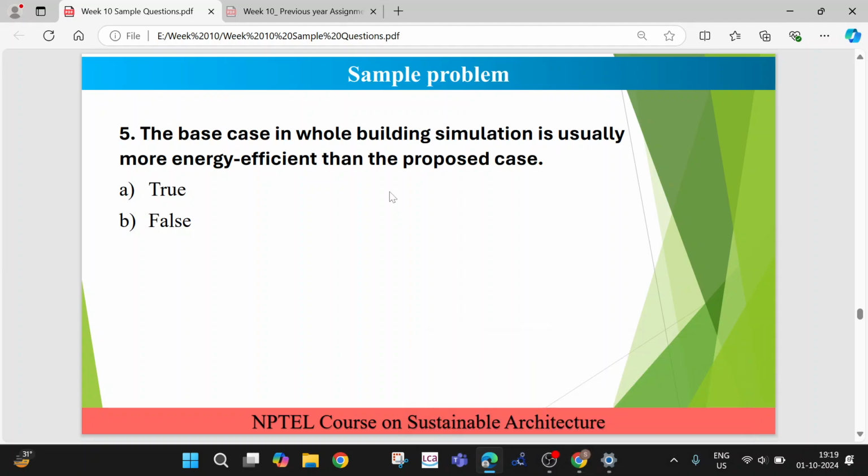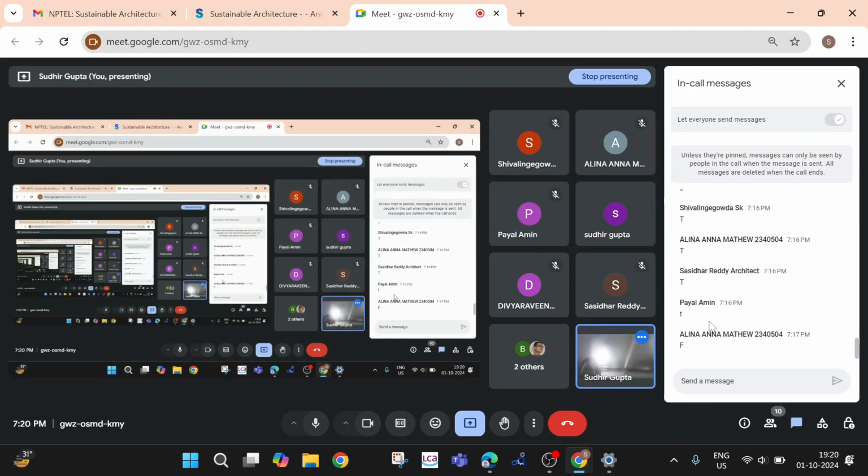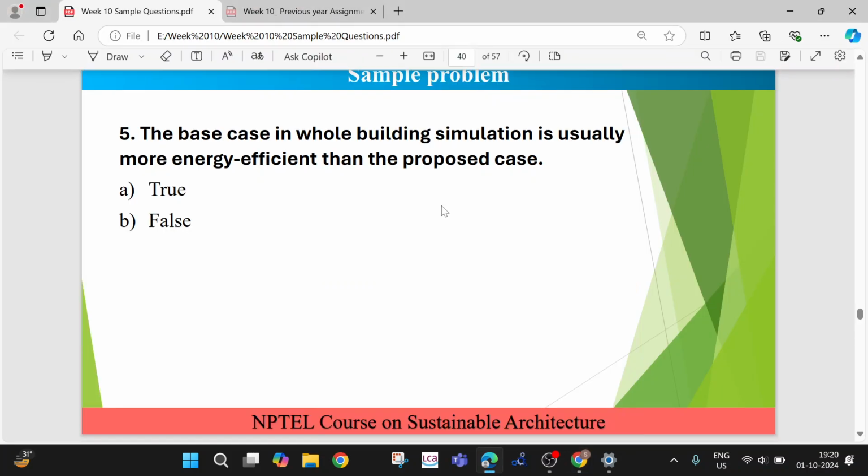So whether your proposed case is better or your base case, what should be there? Hmm. So Elena is saying false and Sridhar is also saying false. And both of you are absolutely correct.